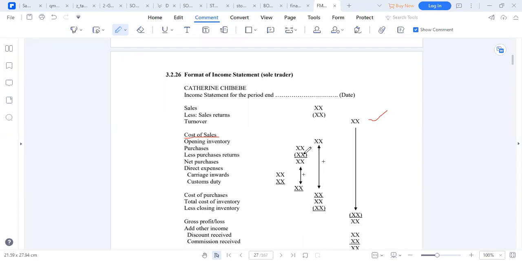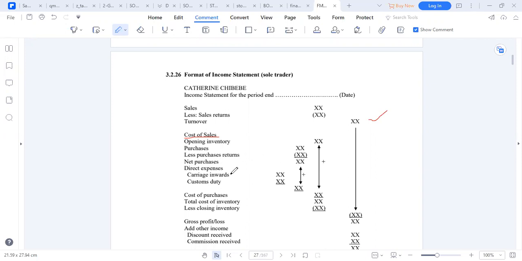Why do we less the purchases returns? We less returns because sometimes when we bought things, they are damaged. So we subtract them from the purchases, and these are called the net purchases.